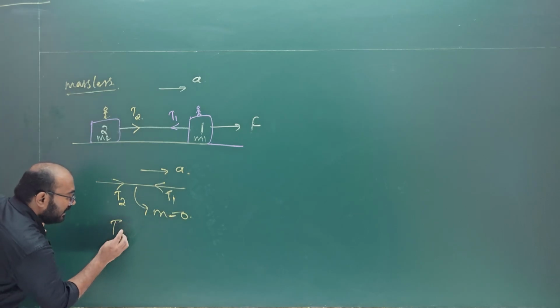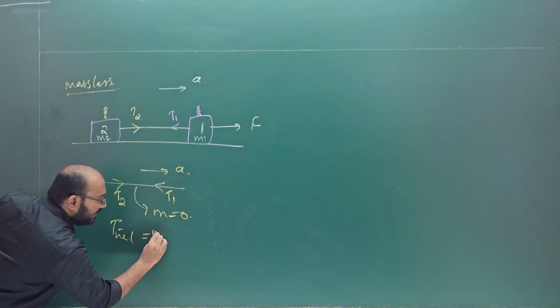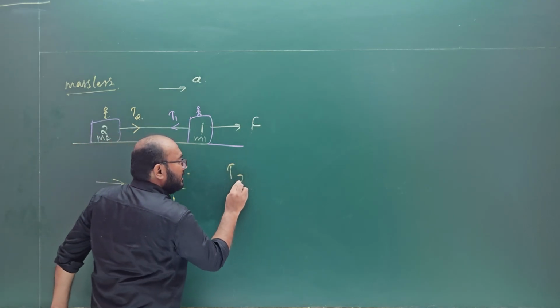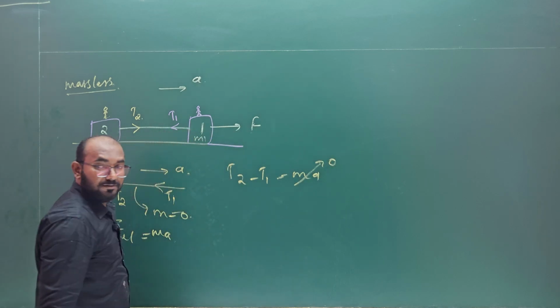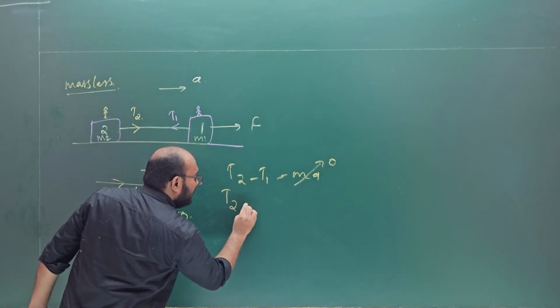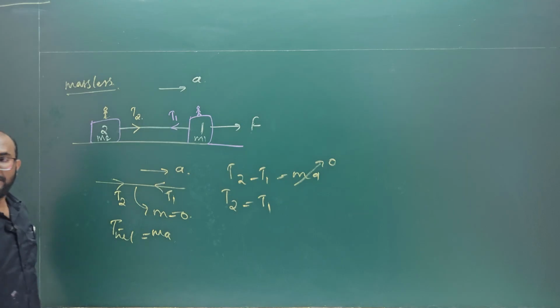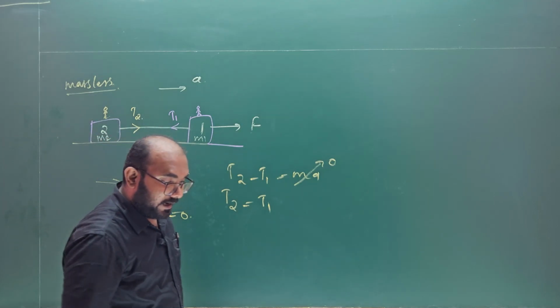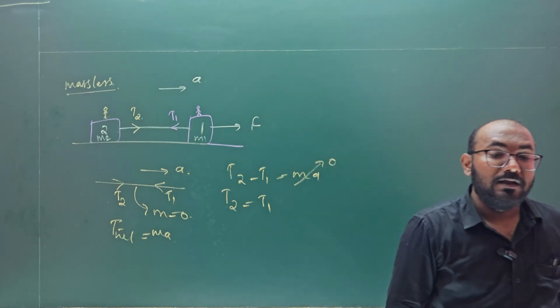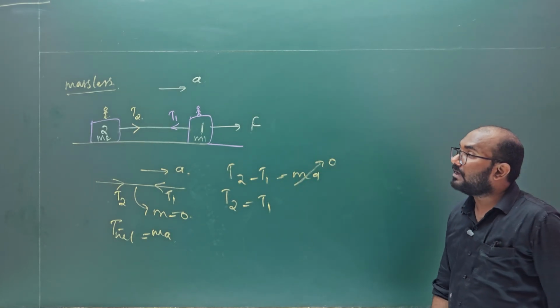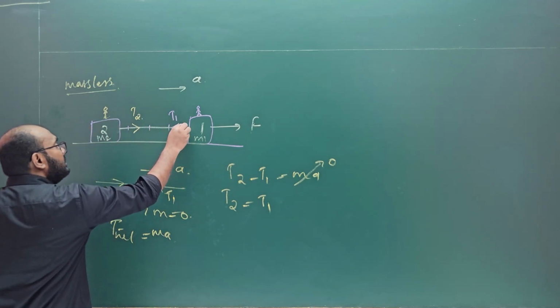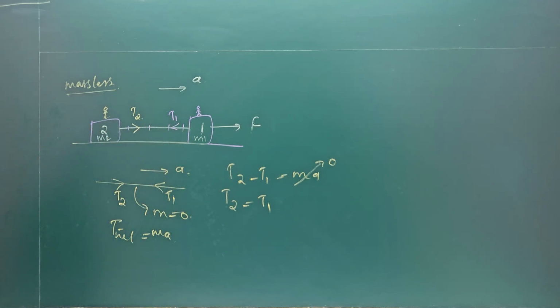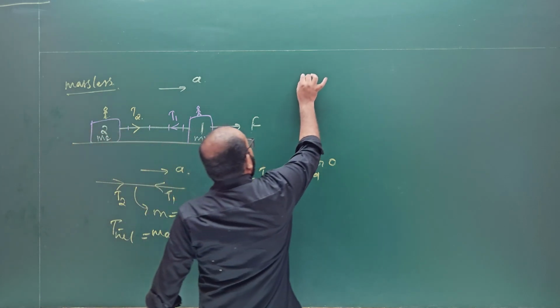Then can I say that if F net is equal to ma, then T2 minus T1 is equal to ma, mass is 0, then the whole system becomes 0. Then can I say that T2 is equal to T1? T2 is equal to T1. That's the reason in many books you will find that in a massless string, tension at any point is the same. This is applicable only for a massless string.